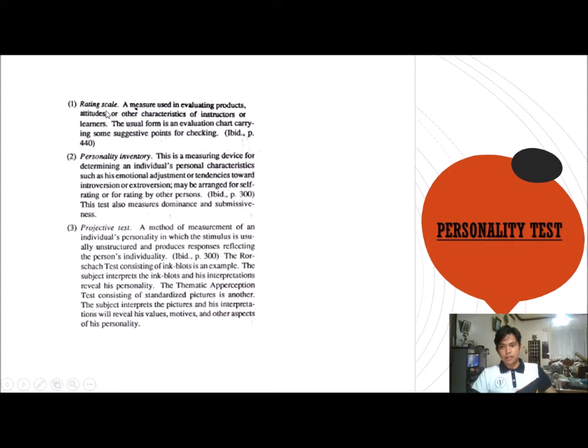A rating scale is a measure used for evaluating products, attitudes, or other characteristics of instructors or learners. It is a type of test where there are points for checking.